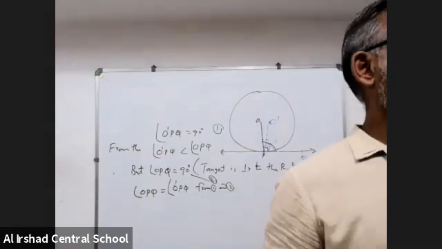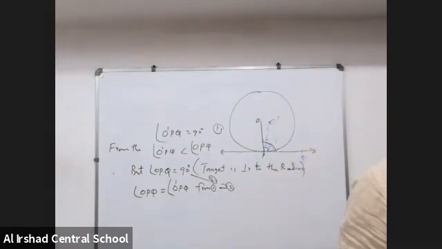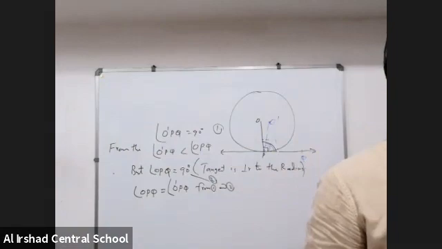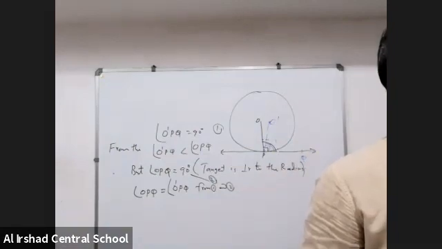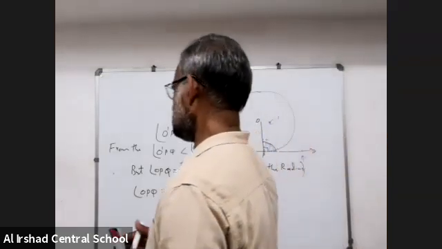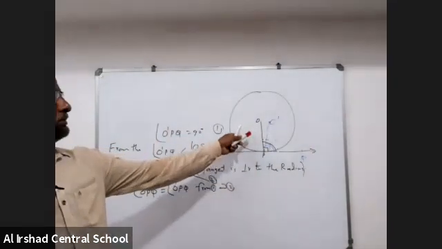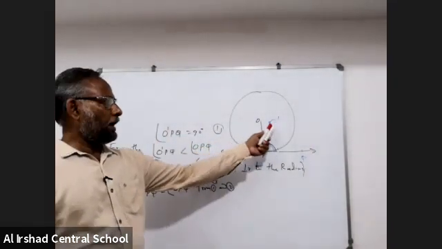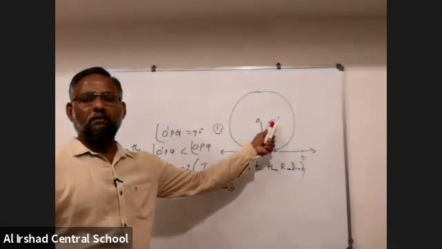Comparing 1 and 2, we got O dash PB is equal to OPB. It is clear that O dash PB is less than OPB. Therefore, O dash PB equal to OPB is not possible. It is possible only when OP and O dash P are coincident lines. Therefore, the perpendicular drawn at P passes through the center O. In this case, it is not possible. It is possible only if O and O dash are coincident.